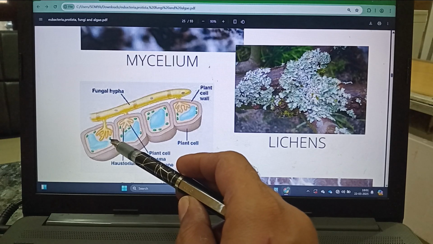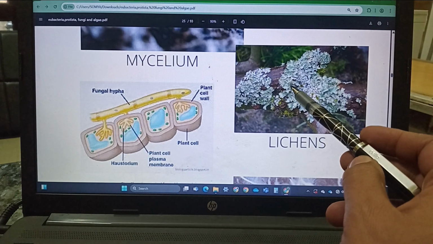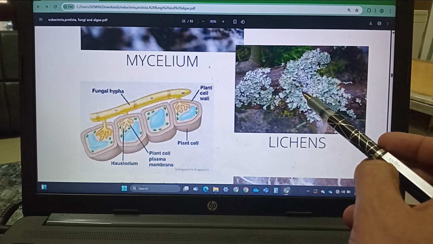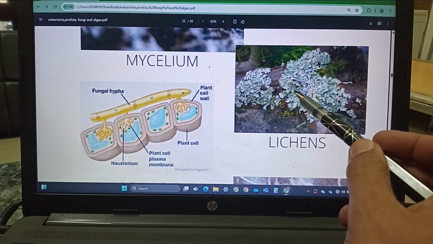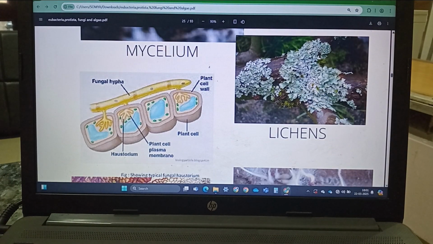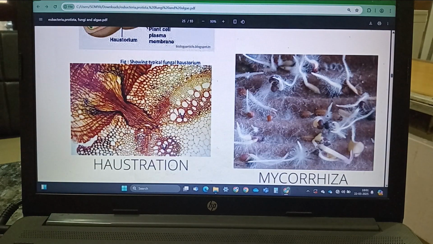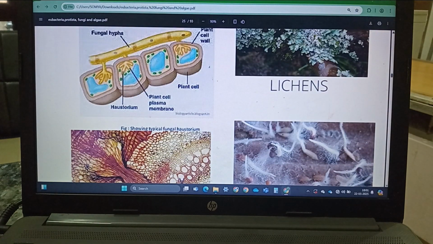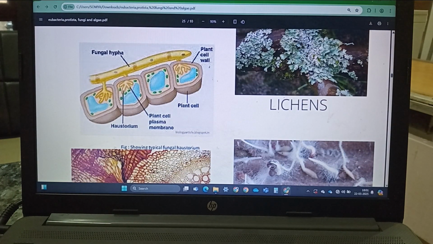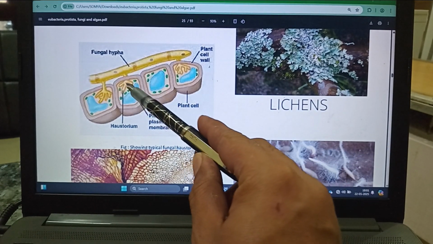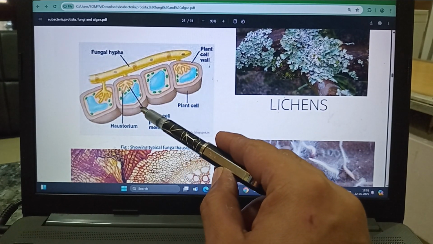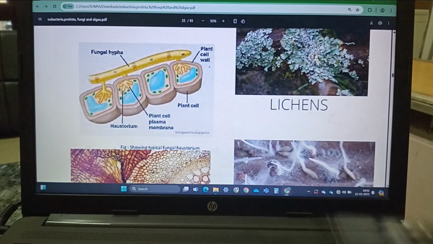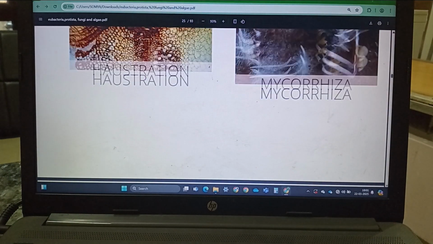Here also they can live as a symbiont in association with algae, as in the lichens, and in the roots of higher plants, called mycorrhiza. Those parasitic to the plant produce protrusions called haustoria. An example of mycorrhiza is the Pinus tree.